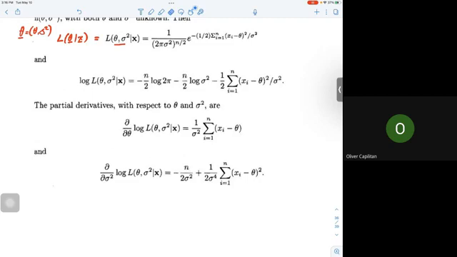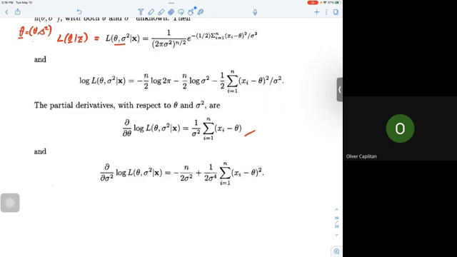So we have negative 1 half, the summation, 2 times x sub i minus theta, over sigma square, times negative 1. The negatives cancel, so it is positive. That's easy.